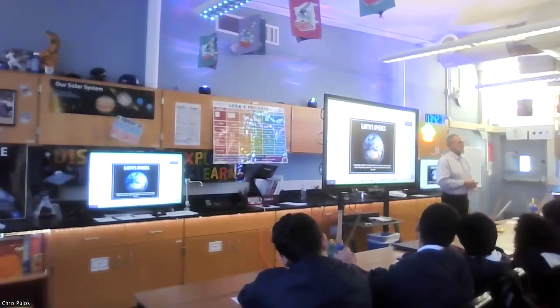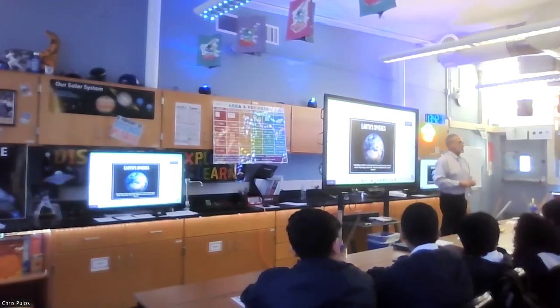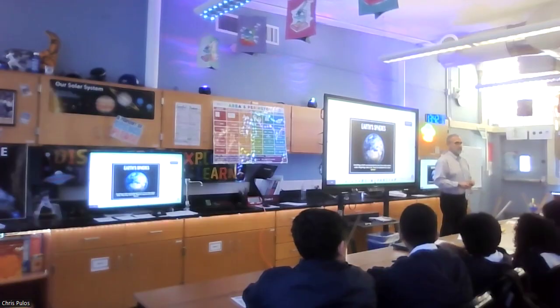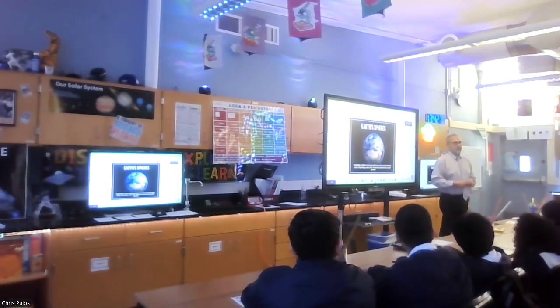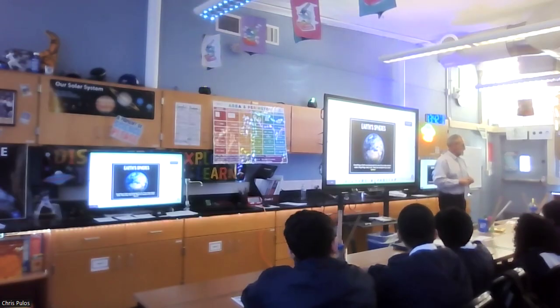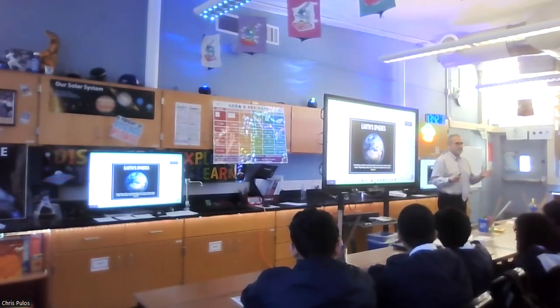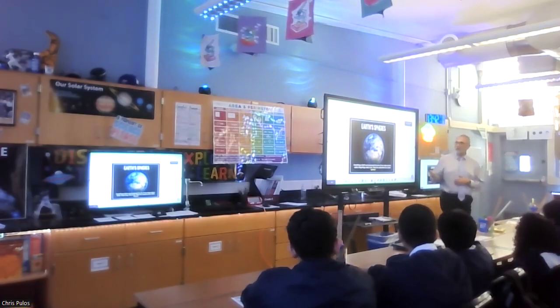Give me another one. Hydrosphere. And what is a hydrosphere? Water. Outstanding. Somebody else give me another one. Atmosphere. And atmosphere is what? The air around the earth. And last? Geosphere is? Absolutely. The minerals, the rocks, the non-living things that are on the earth.